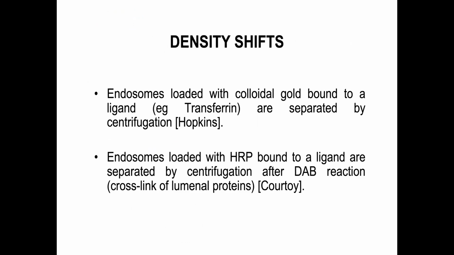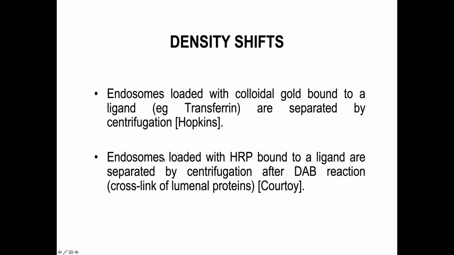And they can be loaded into endosomes by endocytosis. They bind to their respective receptors, like one scientist, Colin Hopkins, has shown it for transferrin. And then those fractions containing these colloidal gold particles change their behavior in the density gradients because they are a bit heavier and migrate therefore differently, and thereby you can shift these fractions a bit away from the problematic area in the middle of the gradient.